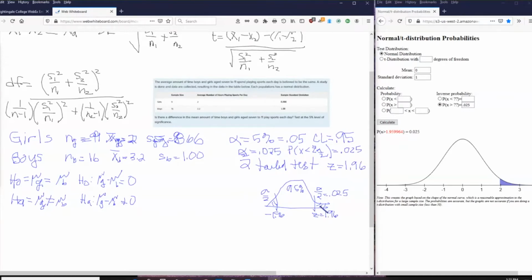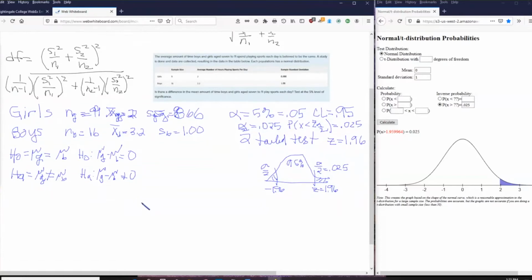This is the standard normal distribution, and this is what we're going to be comparing to help us determine our p-value. So what we want to know is, is the probability going to be less than or greater than this critical value of the z-score of 1.96 and the probability of 0.025.